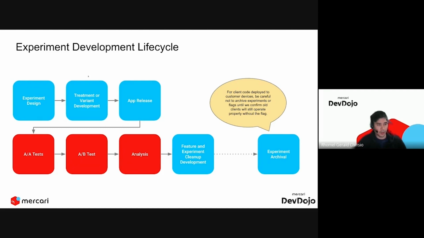So you'll be involved in any development related square. For example, implementing the treatments or the variants or the experiments, releasing the app. And then during the experimentation period, you may be asked to help configure the experiments, configure the flags and whatnot.